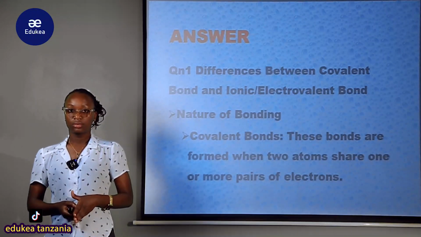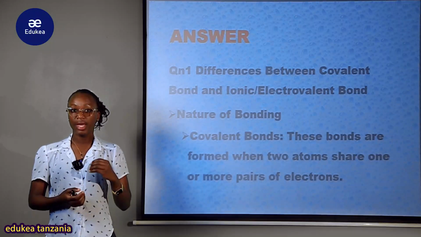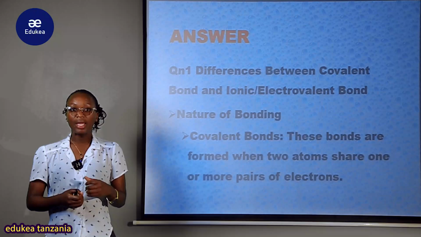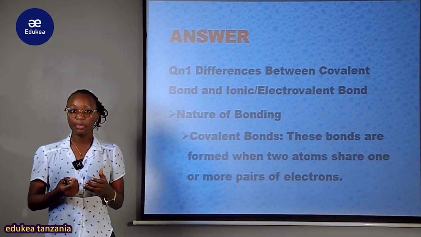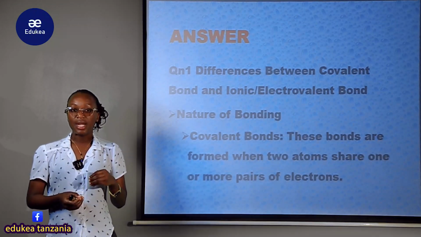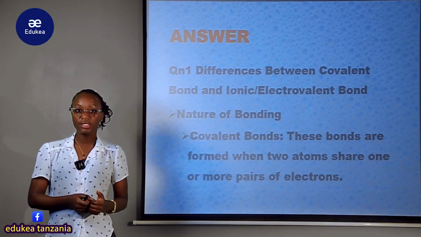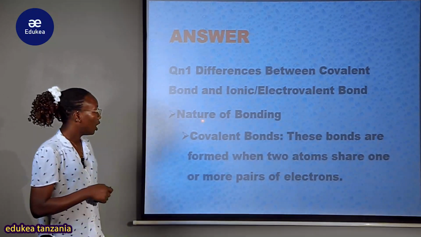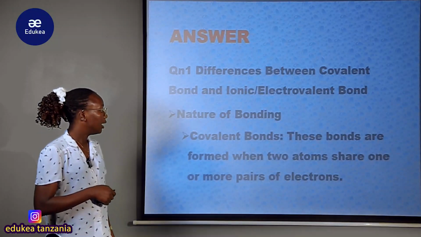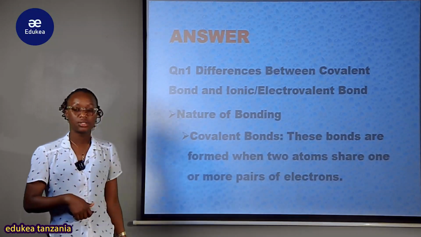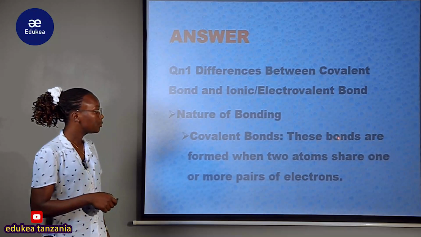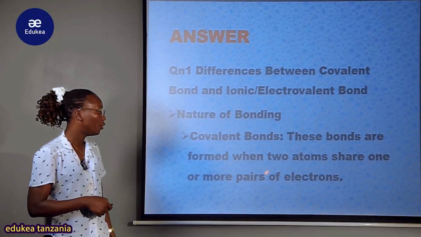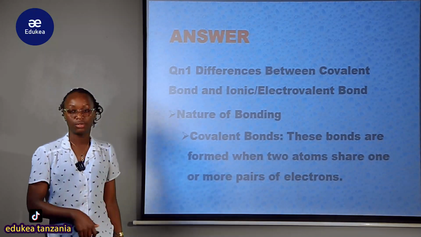Nature of bonding. We know that most compounds tend to be formed under the condition known as bonding. So let's see the nature of bonding in terms of covalent bond and ionic or electrovalent bond. So nature of bonding, we start with covalent bonds. These bonds are formed when 2 atoms share 1 or more pairs of electrons.